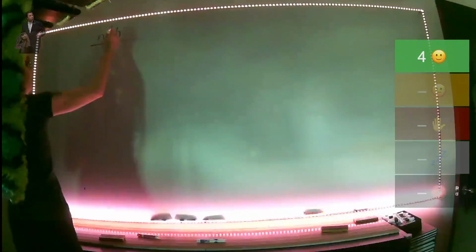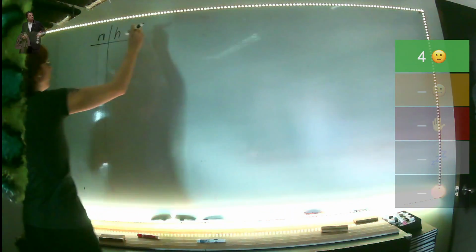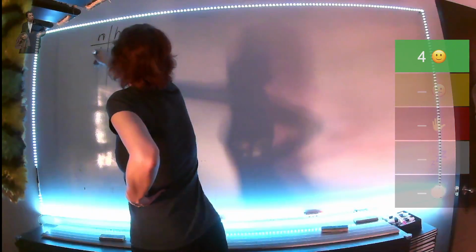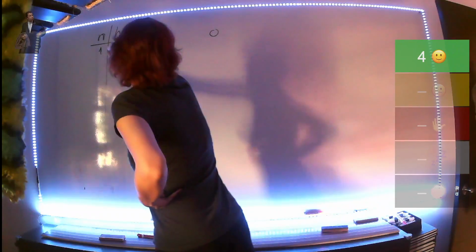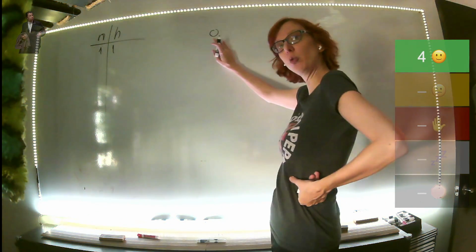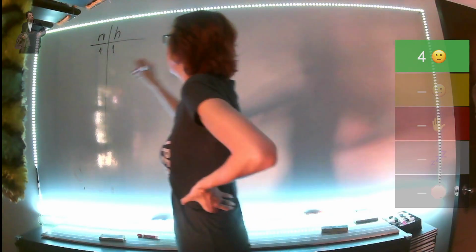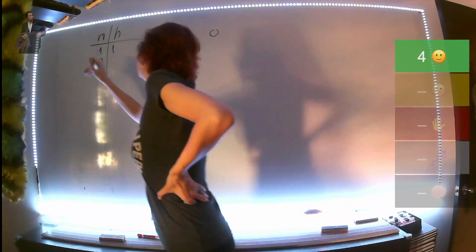I'm going to put n for the number of nodes, and h for the height of the whole tree. So if I have exactly one node, the height is going to be 1 because I only have the root. Then, if I have 2 or 3 nodes, it's going to look like this.